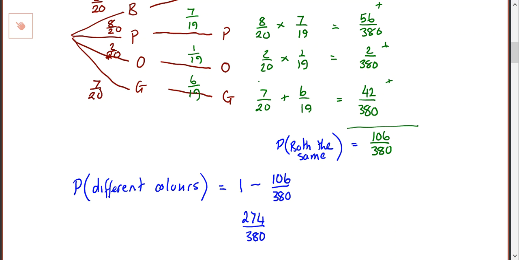Yeah. So have I covered everything? What you're saying? Two colours the same or different colours? Is there any other option that I could consider? It's basically two the same or not two the same. But not two the same, in a different way, vocabulary wise, is two different.